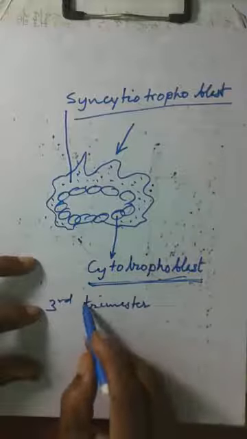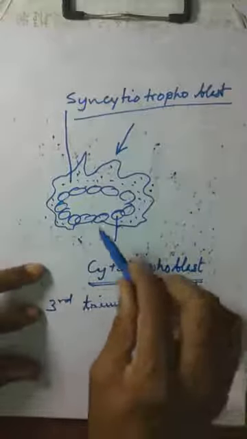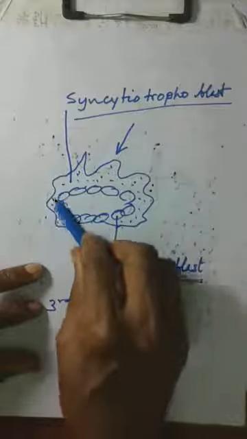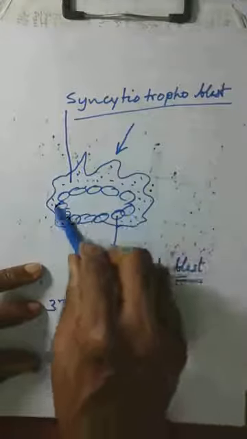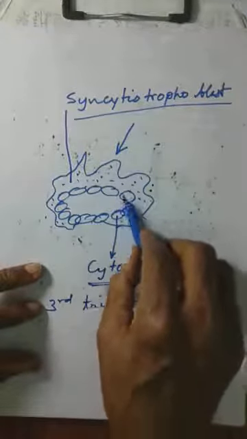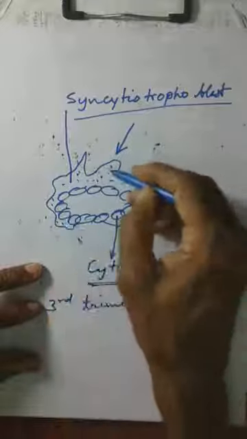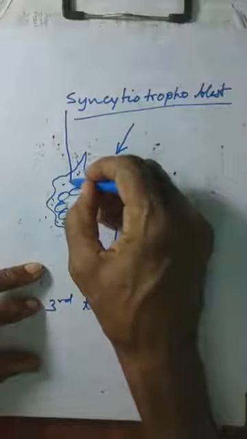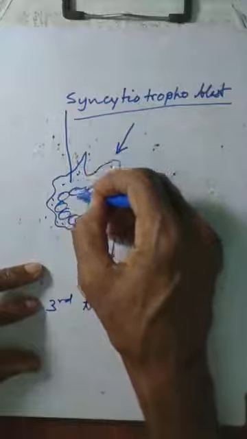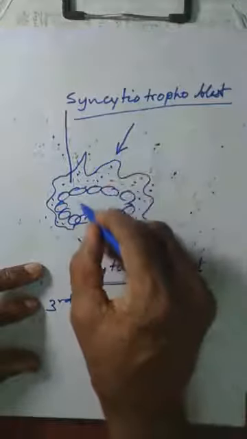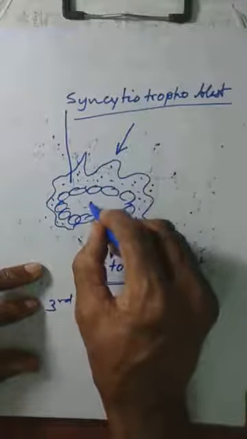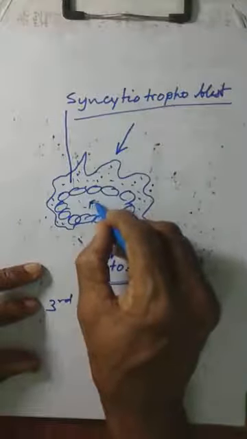The aim is that when this is regressed or absent, diffusion can come more easily through the villus.